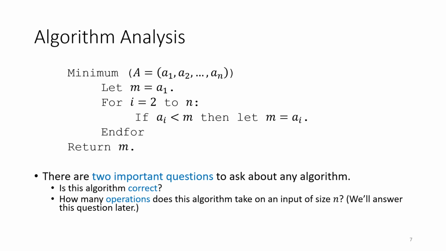Now, both of these questions are critical and important, but really, if you don't have a correct algorithm, there's not a lot of point in asking if it's efficient or not. An incorrect algorithm is just like a broken tool, it's useless. So we're going to focus first on correctness, but once we've spent some time talking about correctness, we'll come back and also talk about operations. How much time, how efficient is this?